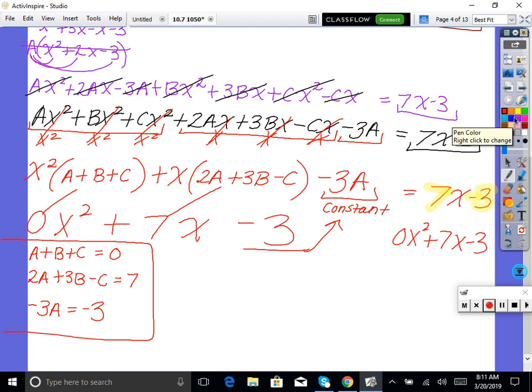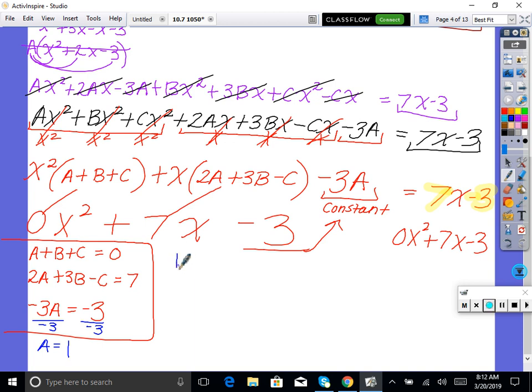Now notice this is a system of equations with 3 variables, so we can eliminate a variable. But isn't there a smarter way on this one? Can't I just solve for a right here, right now? Then let's do that. So you divide both sides by negative 3. So a must equal 1. Okay, let's move on. Now let's go plug that into the top and middle, and then we can solve our system of equations.